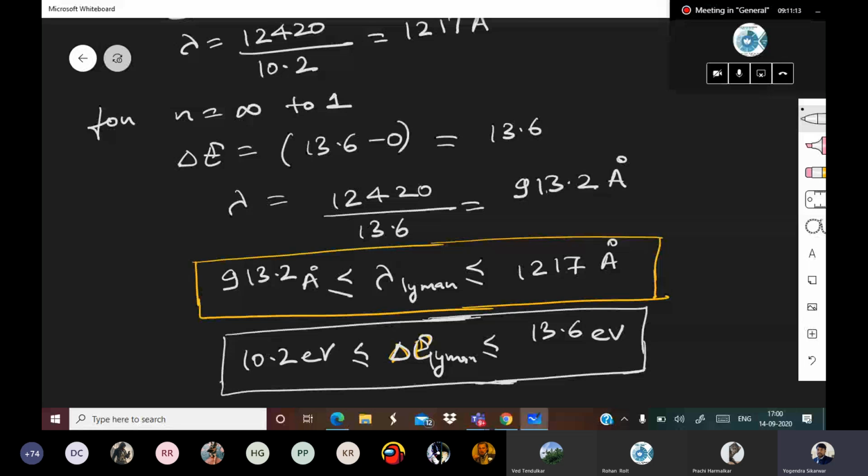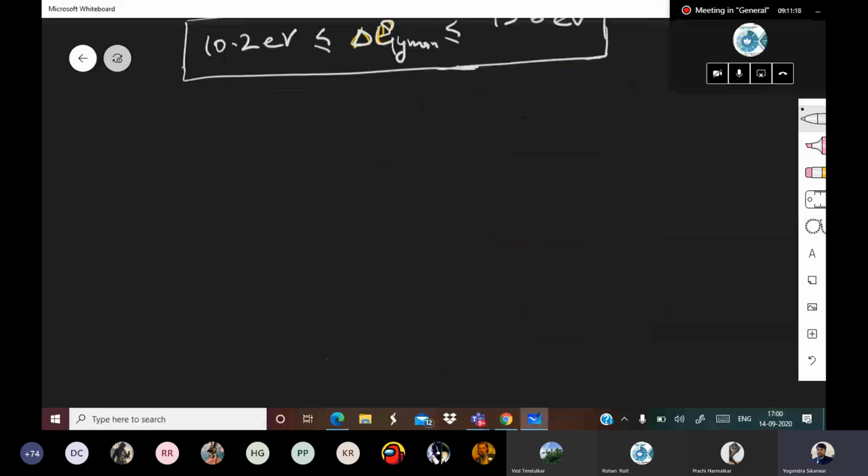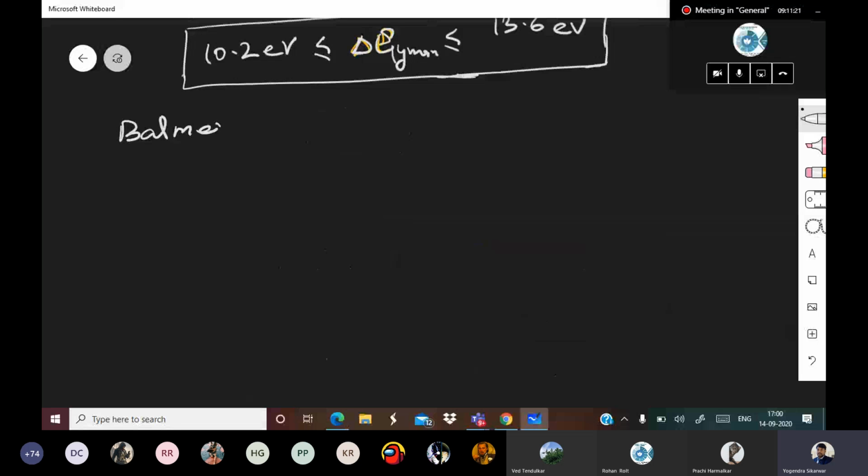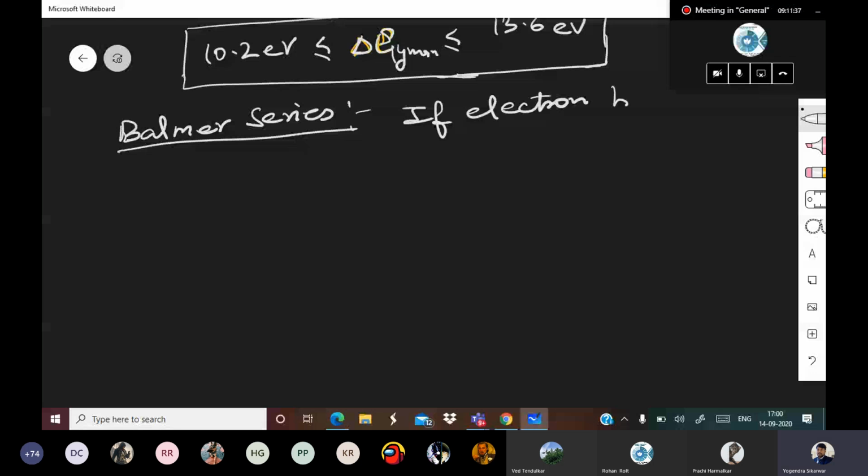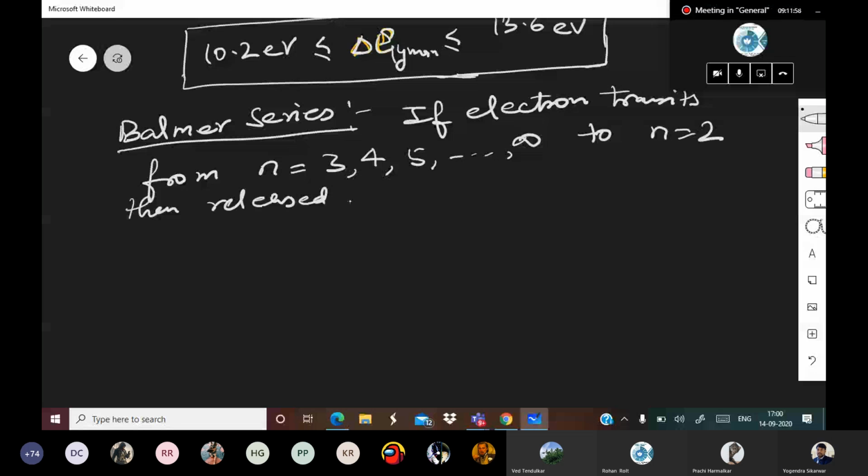Now we are going to talk about the Balmer series. If an electron transits from n is equal to 3, 4, 5 up to infinity to n is equal to 2, then the released photon is said to be in the Balmer series.